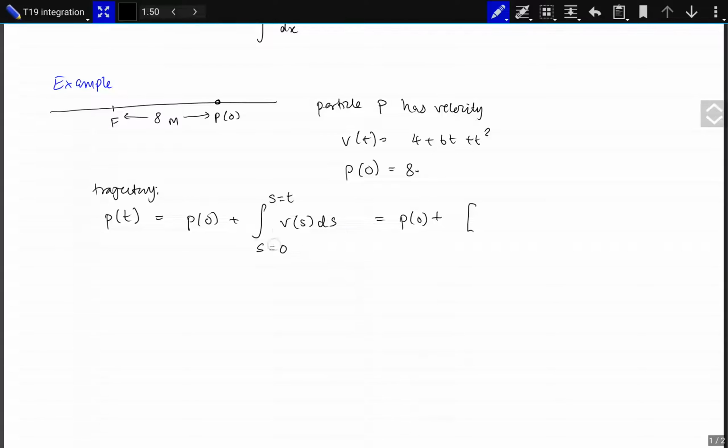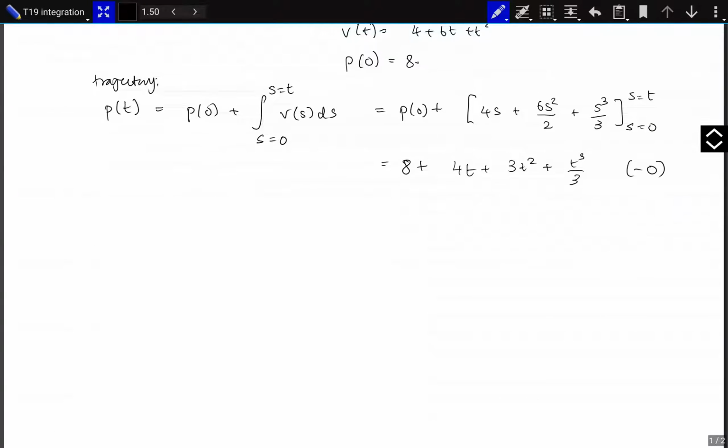So the integral piece becomes 4s plus 6s squared over 2 plus s cubed over 3. Remember, s is just some dummy variable as s goes from 0 to t. And so this is equal to 8 plus 4t plus 3t squared plus t cubed over 3, and minus 0, I suppose. The other end is 0.